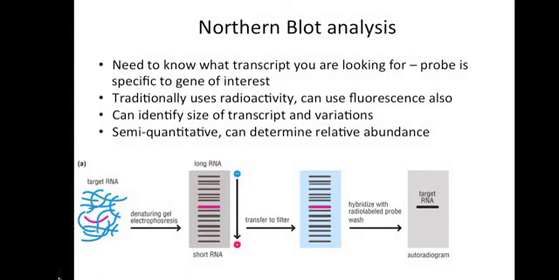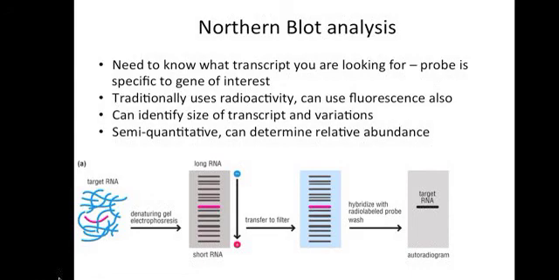So this is your probe that's specific to beta-actin, and you wash it, and then you expose it to X-ray film because it's usually radioactive, and you get one band that would be your beta-actin band. The reason it's only your beta-actin band is because your probe is complementary to the beta-actin RNA sequence. Okay? I have a little link at the bottom for a video that you guys can watch if you want to understand it a little bit more.